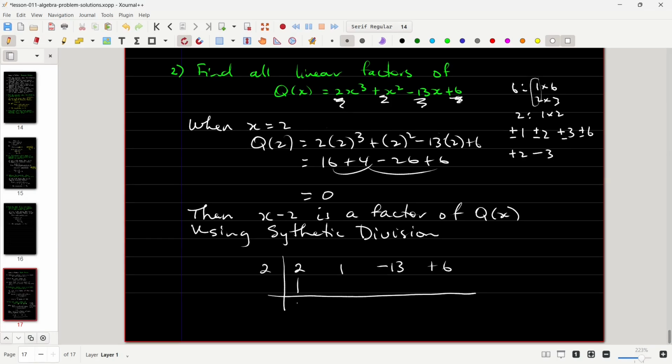All right. So we bring this down, we get 2. Multiply, we get 4. Add this together, we get 5. Multiply, we get 10. Add together, we get negative 3. Multiply, we get negative 6, and then we get 0 here. So our equation would become 2x squared plus 5x minus 3, and a remainder of 0.